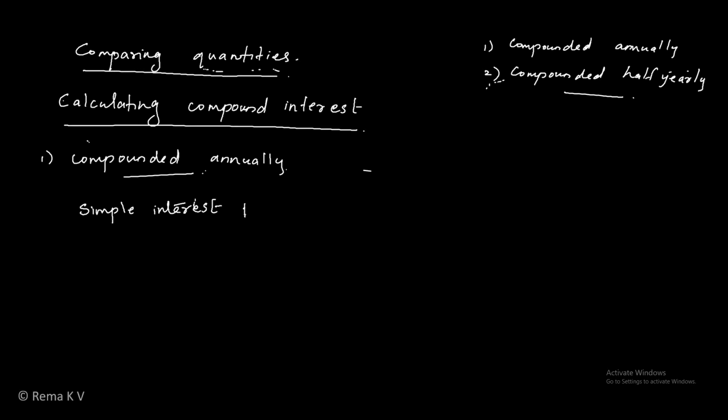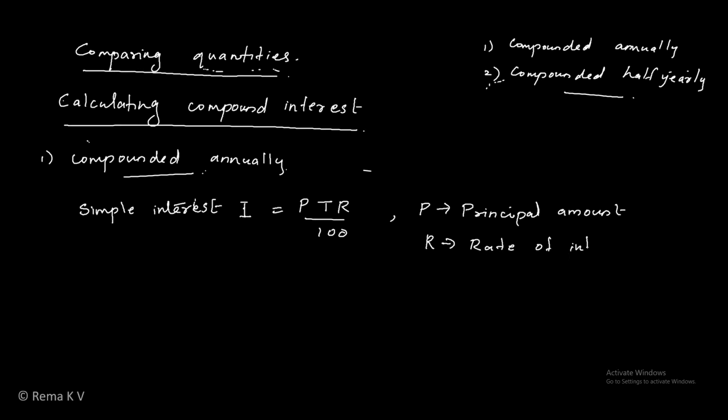Simple interest is denoted by I, which is equal to PTR by 100, where P is the principal amount, R is the rate of interest and T is the time period.